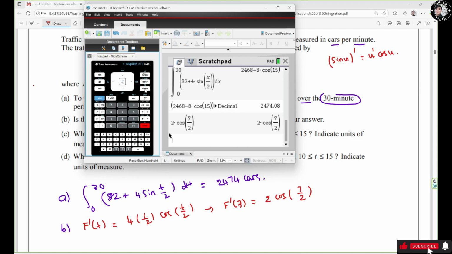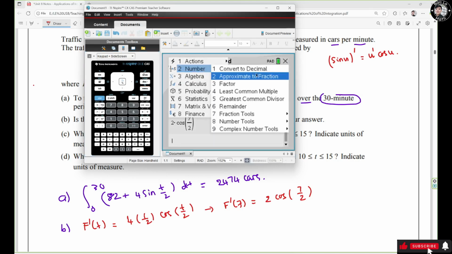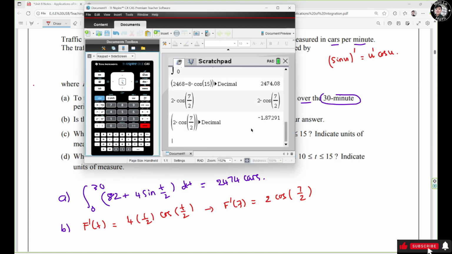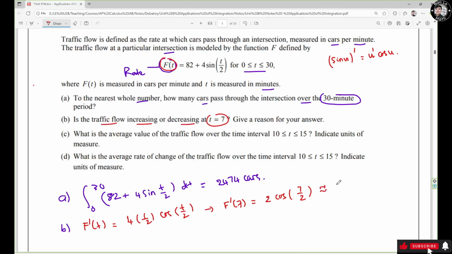Convert this one to decimal. Hit menu, number, convert to decimal, hit enter. The answer is negative 1.872, which is less than 0. So if it's less than 0, you need to say that the traffic flow is decreasing at t equals 7.